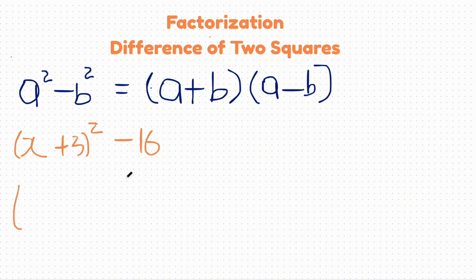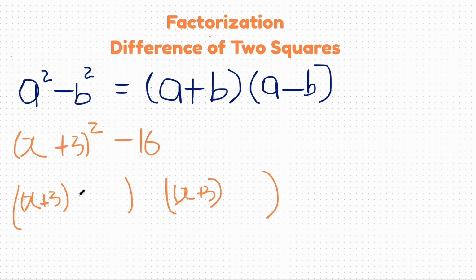We put down our brackets. Then we find the square root of x plus 3 squared, and that would be x plus 3. Put it in a smaller bracket. We also have to include it over here, x plus 3.